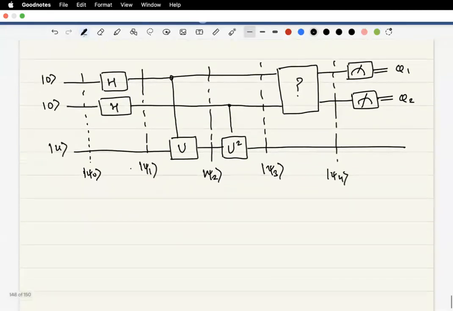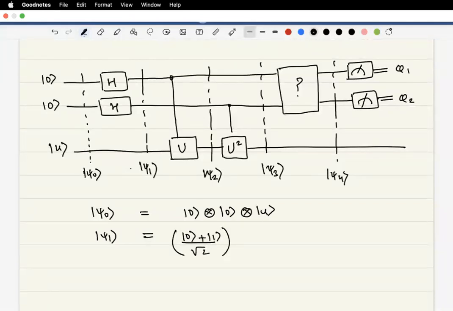So the first, psi0, is equal to 0 tensor u. Psi1 will be the Hadamard gate applied on the top 2 qubits. So (0 plus 1)/square root of 2 tensor (0 plus 1)/square root of 2 tensor u.